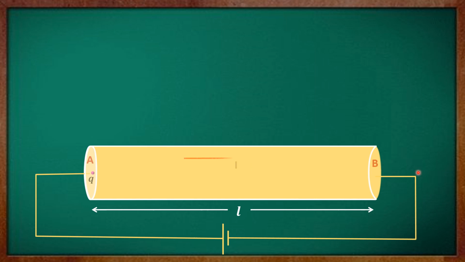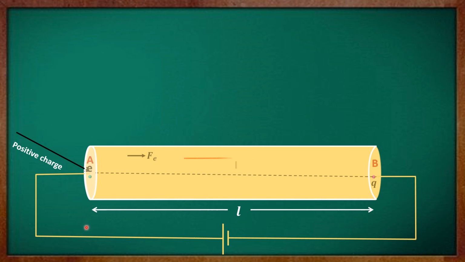You can see here, positive charge is moving along the direction of the electric field. Fe is the force. Positive charge is moving towards right and electron is moving towards left.